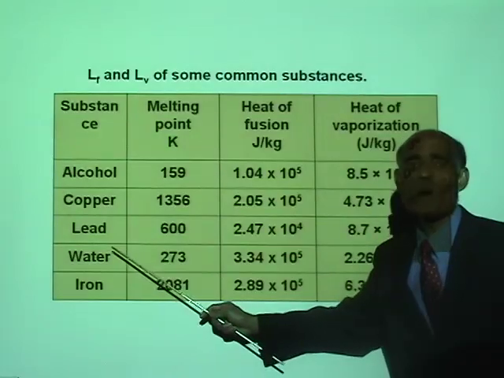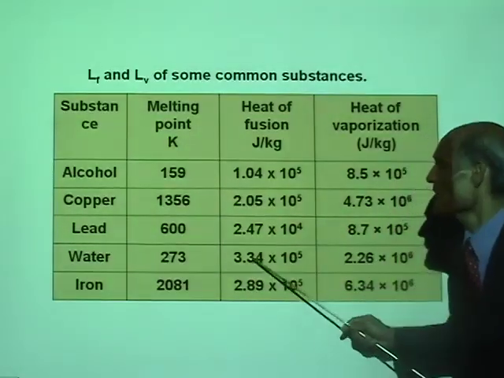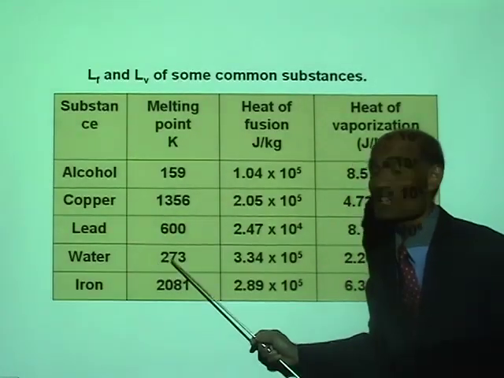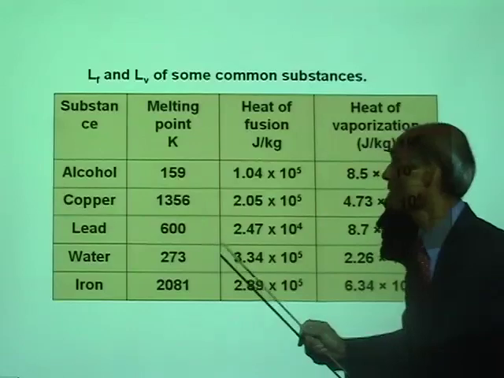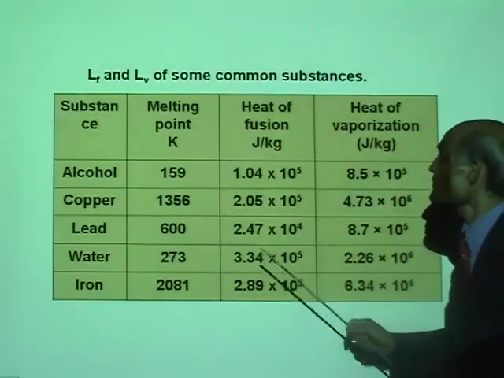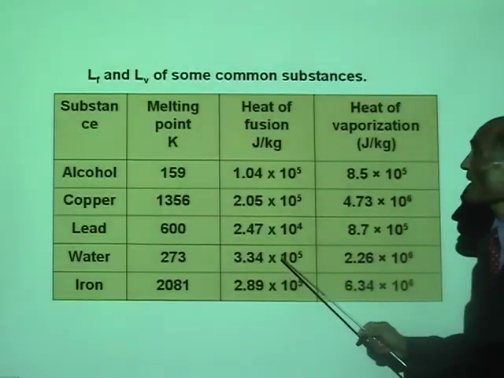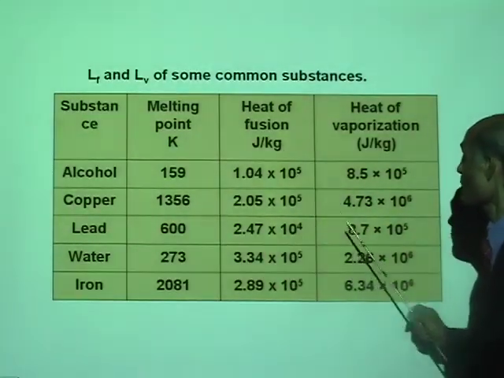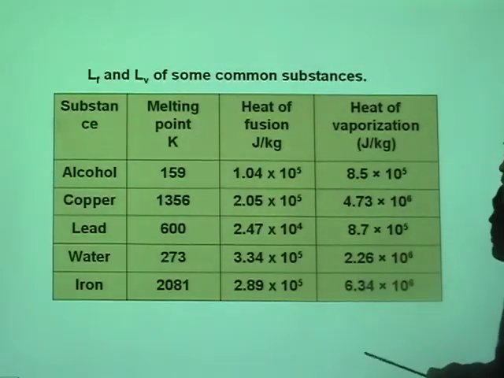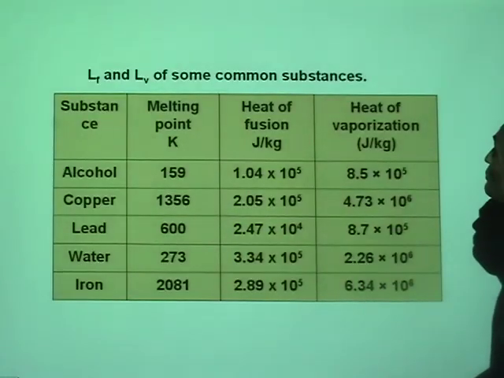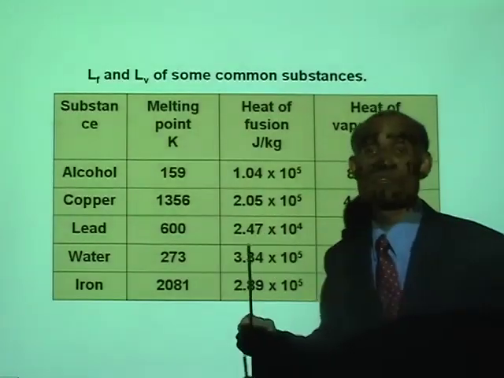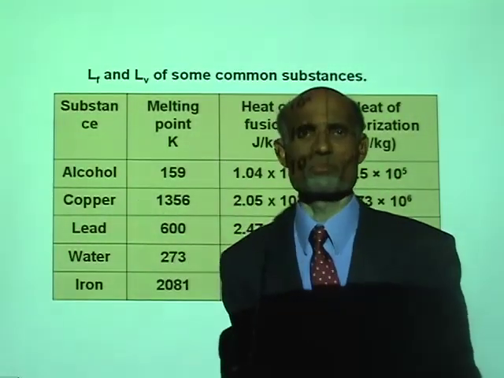And we will only use this for water. You can see the melting point for water is 0 degrees Celsius, 273 Kelvin. The latent heat of fusion is 3.34 times 10 to the 5 joules per kilogram, and the latent heat of vaporization of water is 2.26 times 10 to the 6 joules per kilogram. Alright, we will need these values to solve small problems.